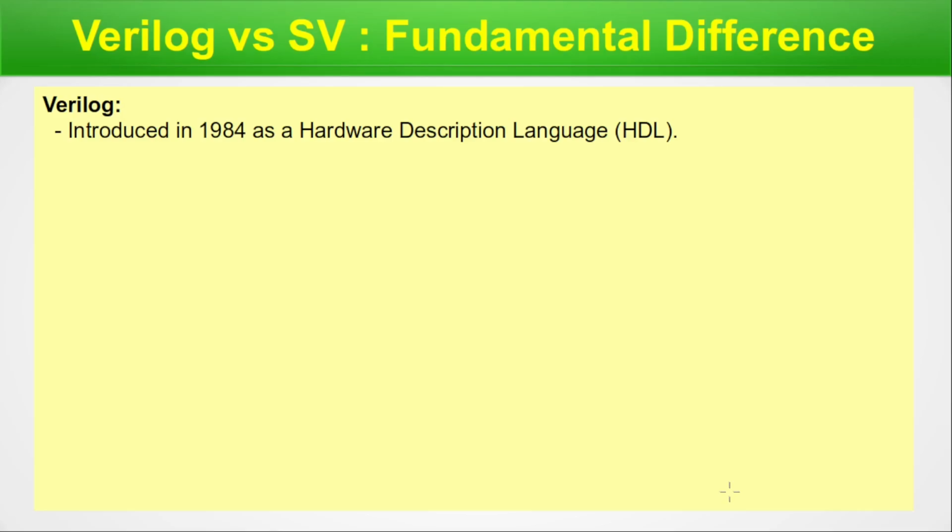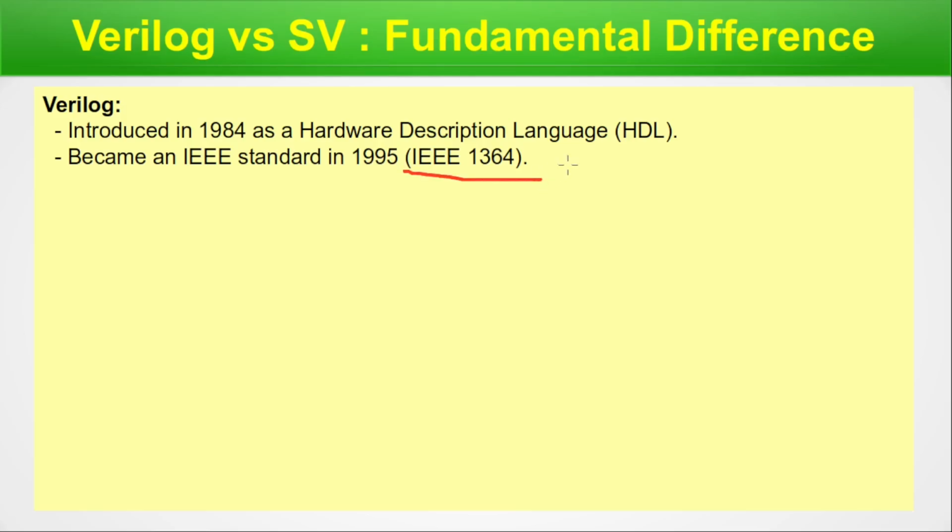It is known as Hardware Description Language, abbreviated as HDL. In 1995, Verilog was officially recognized as a global standard by IEEE, and you can see here the standardization number. This ensures everyone could use it in the same way without any confusion.